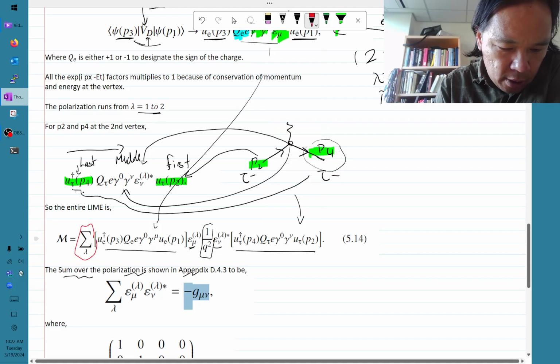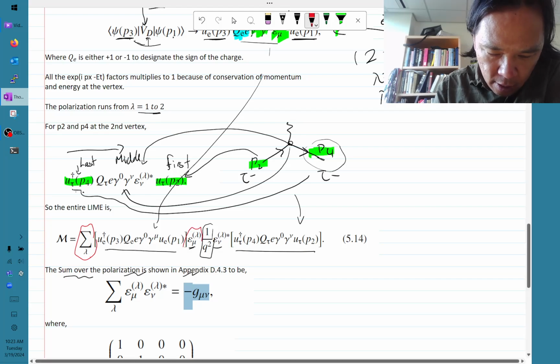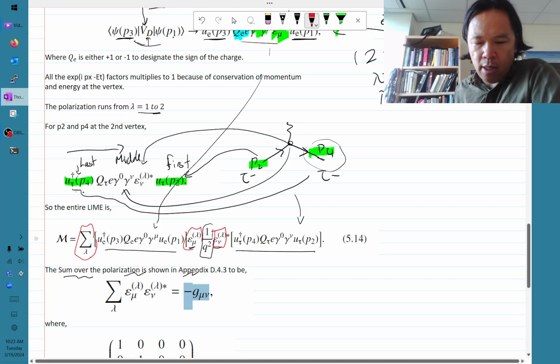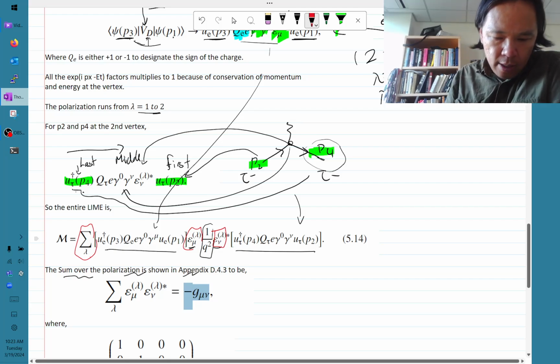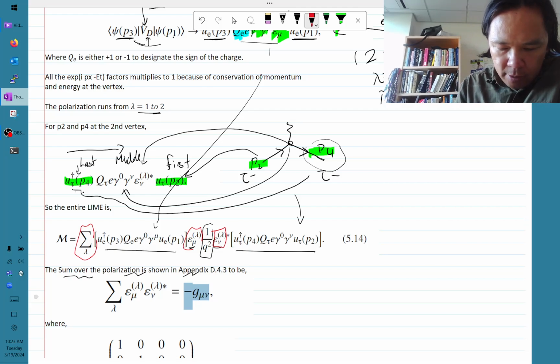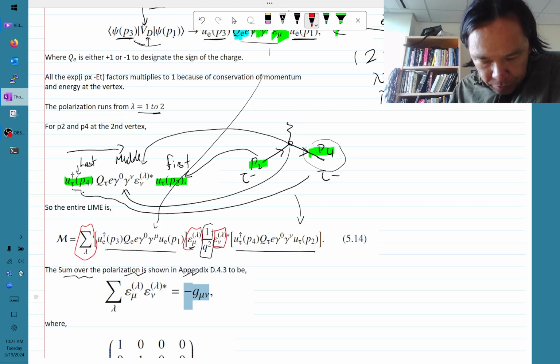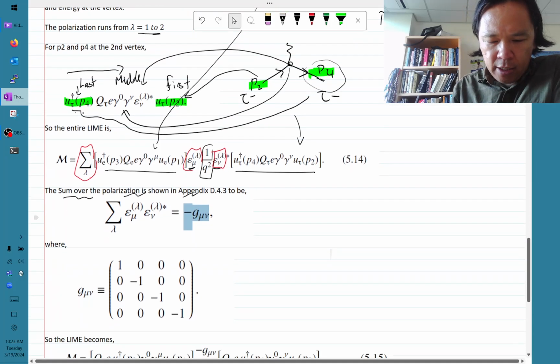So we have to do this summation over lambda, and the only stuff that has lambda in it is these epsilons. If you sum over all these possible lambdas, this actually turns out to be the negative of the space-time tensor.